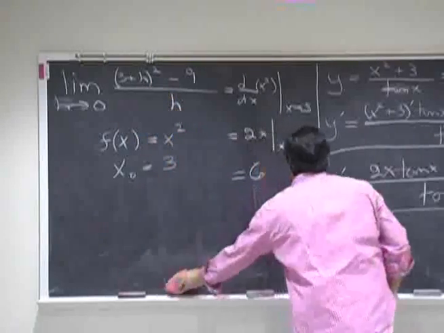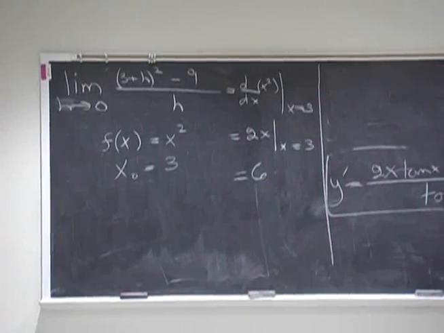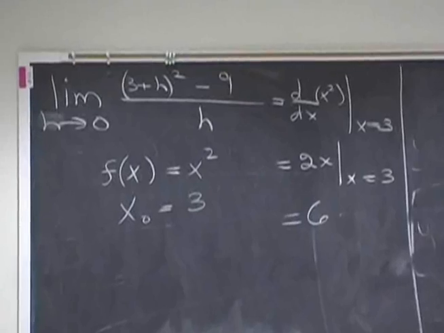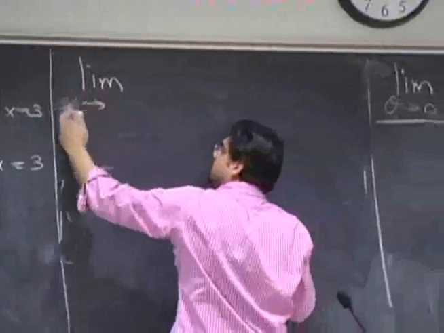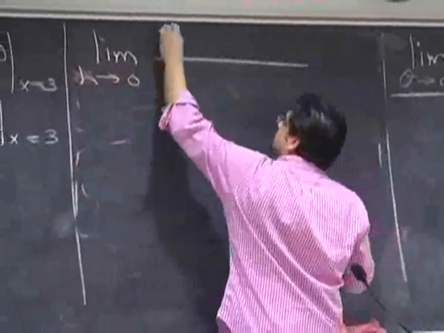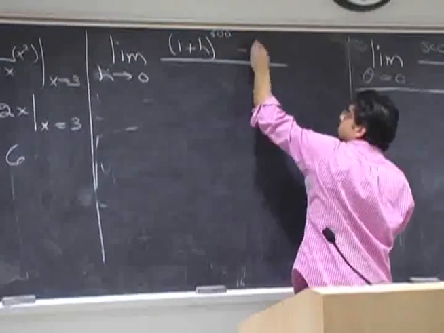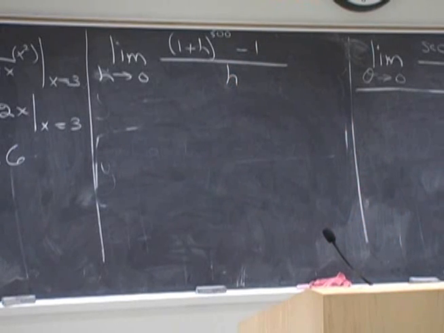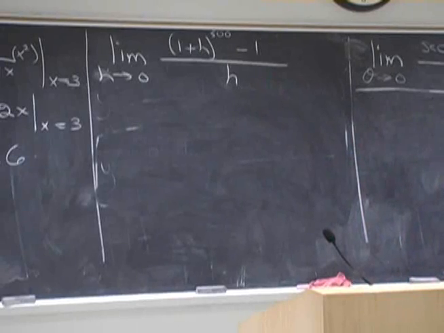Okay? But if we had something like this, that's 500. Then we would have an issue, right? 1 plus h to the power of 500 might take a couple of minutes to do, right? And it's pretty long.